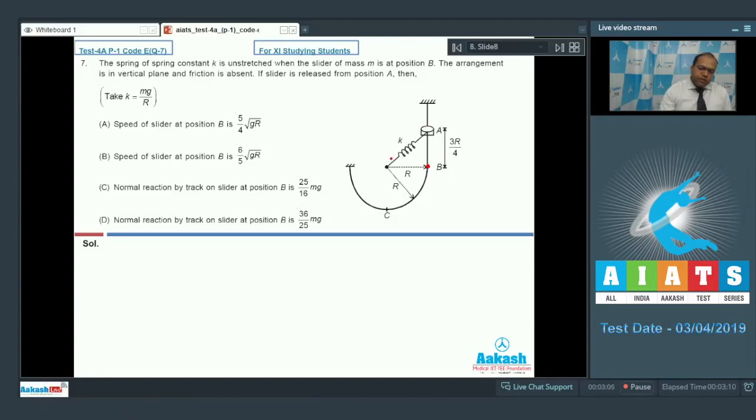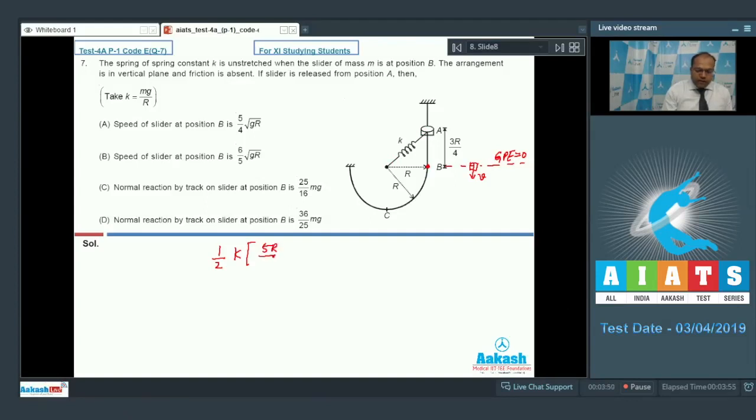So the spring is in elongated position. So at the moment when the slider reaches position B, let it have velocity v, and this reference frame I am considering as zero gravitational potential energy reference. So the loss in potential energy is equal to gain in kinetic energy. So I can write half k into x squared, where the elongation is, this is 3r by 4, then this is 5r by 4.